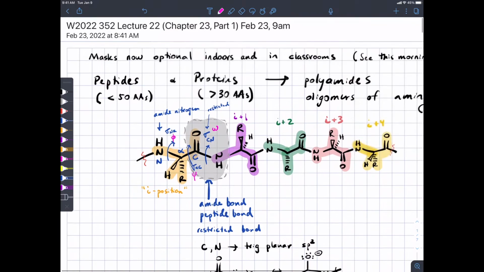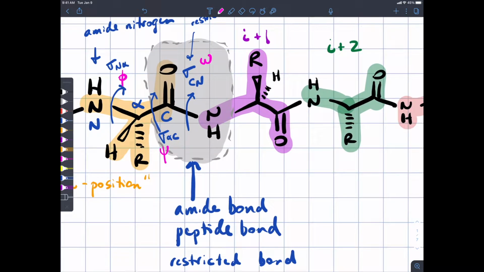Questions so far about all of this? Sort of boring nomenclature. I'm telling you this because I remember taking biochemistry, and I remember learning about phi and psi angles, but not really understanding them and thinking that it was basically pointless. But actually, it's sort of the key to understanding protein structure.